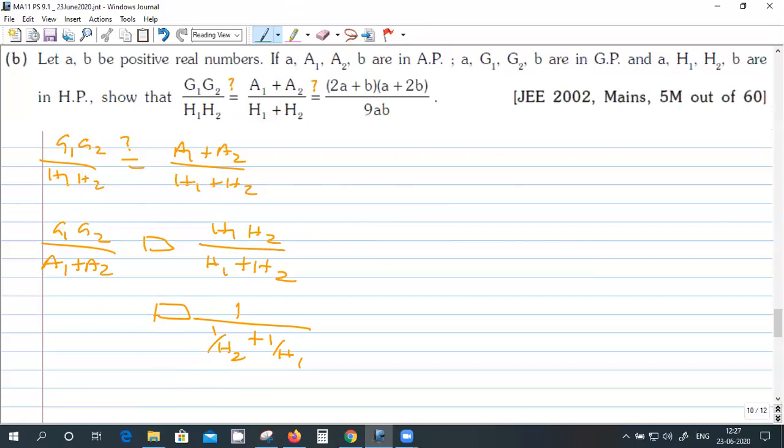Okay. Now what is G1 G2? Let the common ratio of the GP be R. So G1 is AR and G2 is AR square, right?